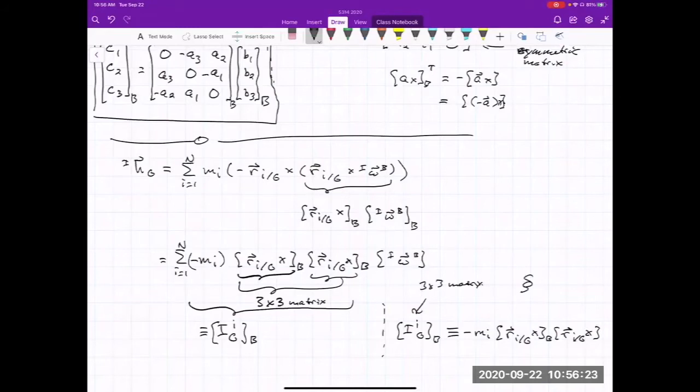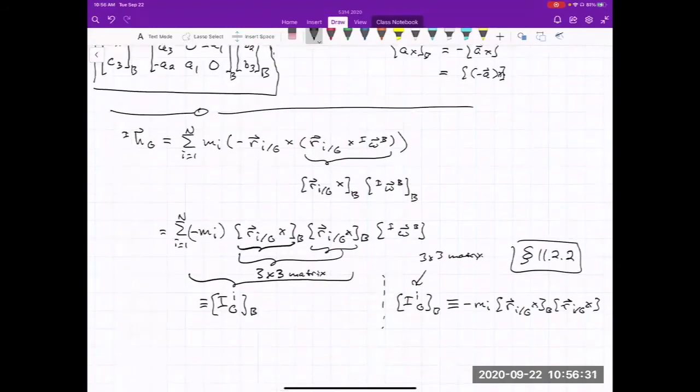And this is all in section 11.2.2, if you're interested in following along in the book. So we will call this the moment of inertia matrix for particle I.